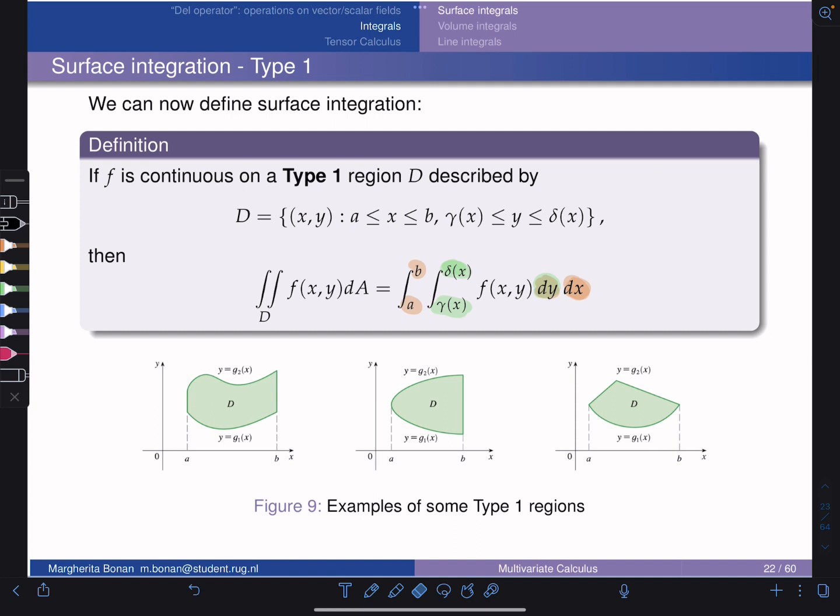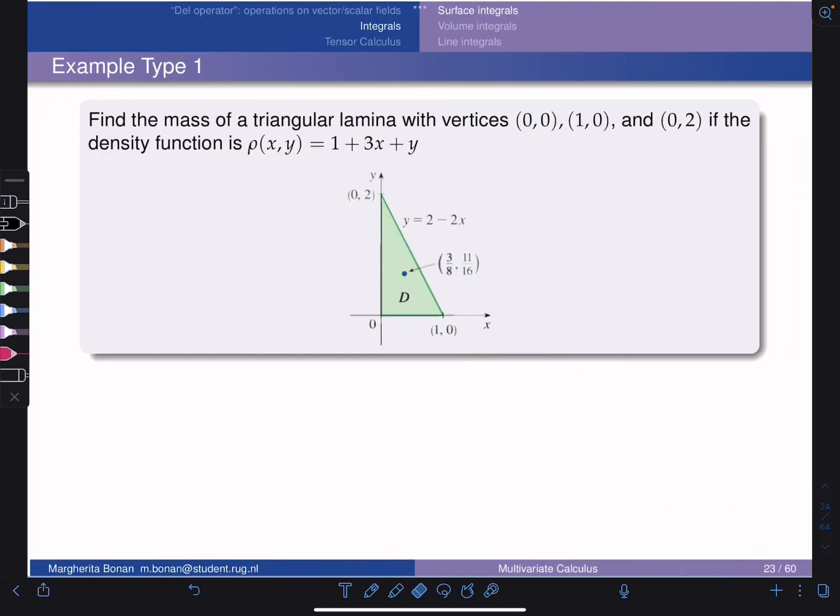We have some examples here of type 1 regions, so to recall, the regions that are bounded by functions that are dependent on x. As an example, we want to find the mass of a triangular lamina with vertices at the origin, the point (1, 0) and the point (0, 2).